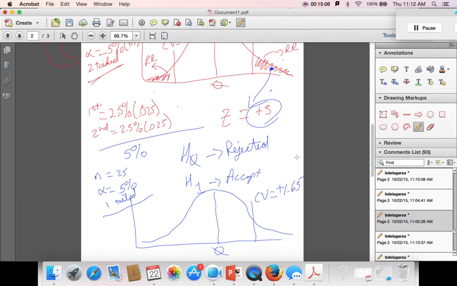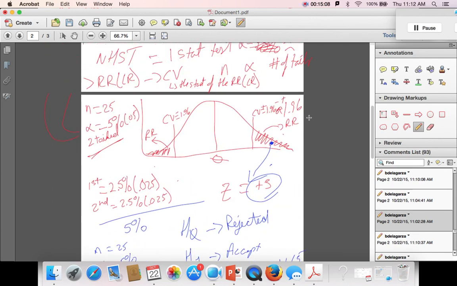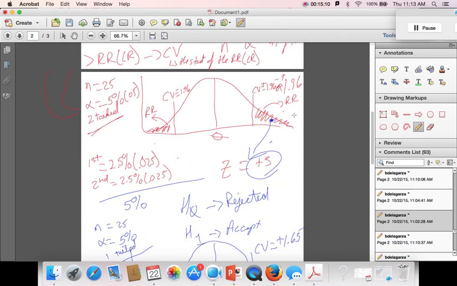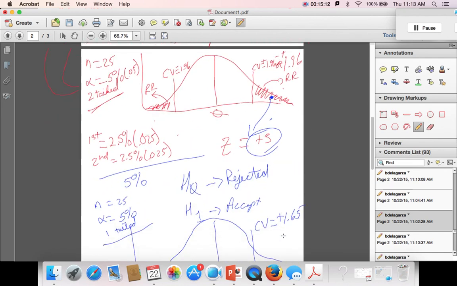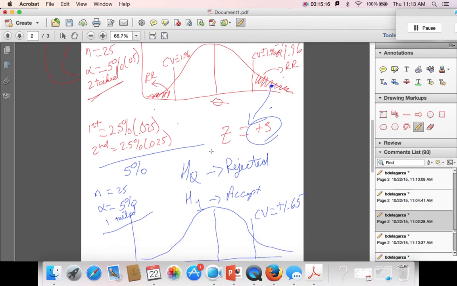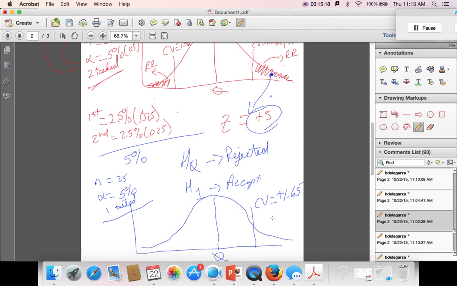Now, if you're wondering why your critical value changes from 1.96 in this example to 1.65 here, remember, here I was doing a two-tailed test, so my alpha level was split in half. Here I'm doing a one-tailed test, so this entire region of rejection gets all 5%. I don't have to give it 2.5% because there is no other tail that I'm looking at. Okay, that's why the critical value gets lower.